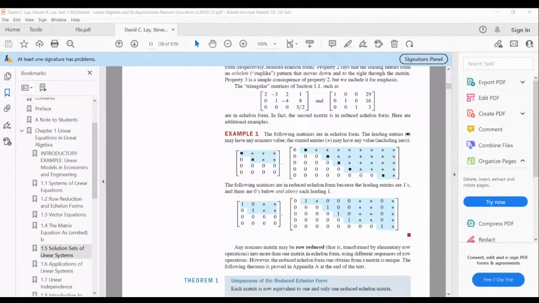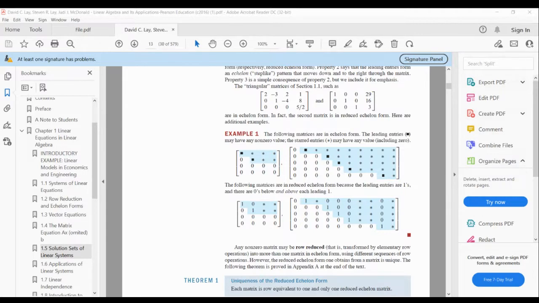But they're not saying that the leading entries, the boxes, have to equal 1. But if you look, the top two matrices of example 1 are in echelon form. But if you go below, the two matrices below are in reduced echelon form because the leading entries are 1s, okay?